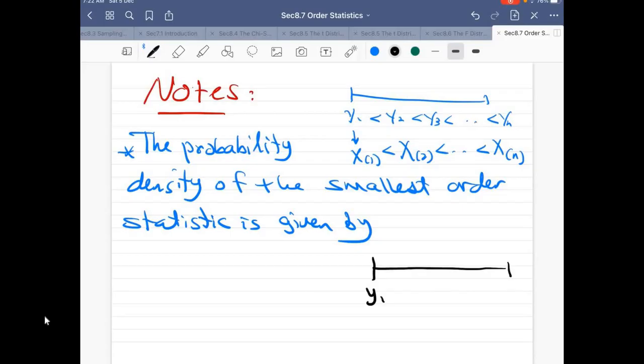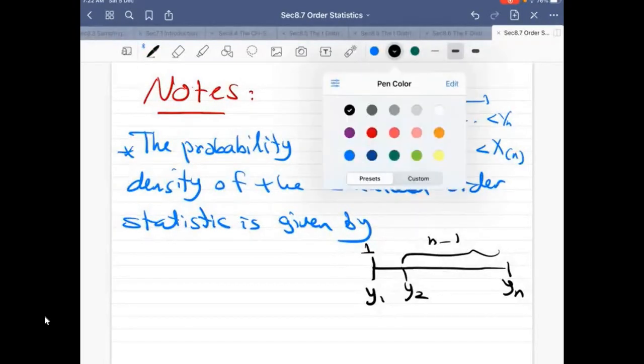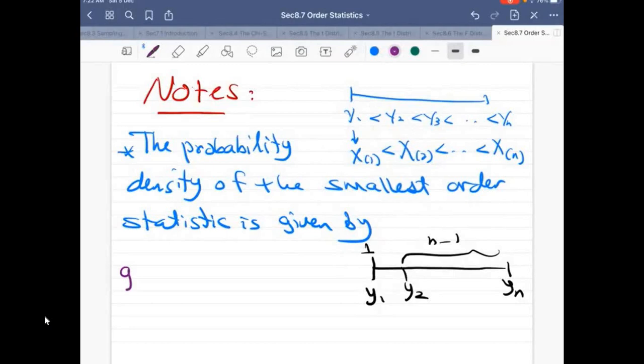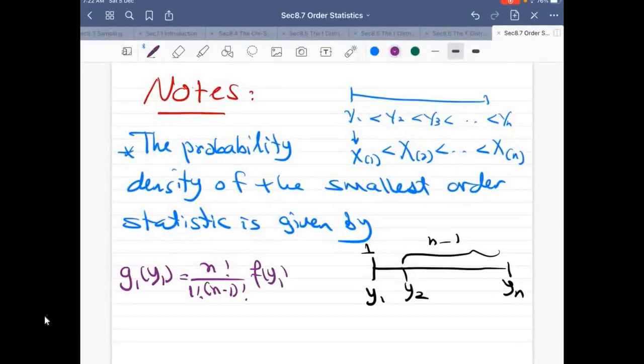Easy. You don't have to memorize. You have this line, y1 will be the first value, second will be y2 up to yn. Here you have n minus 1 values, and here you have 1 value. So g1 of y1 will be n factorial divided by 1 factorial into n minus 1 factorial, a density at y1, and a probability for these variables.